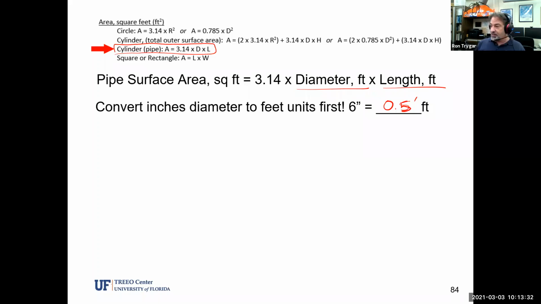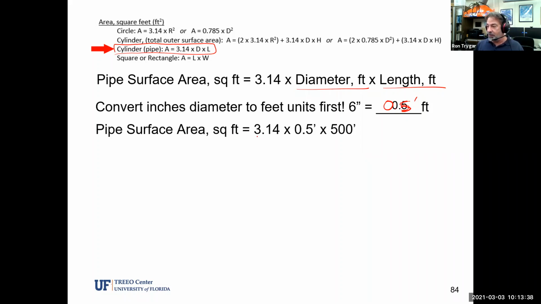Go to the next statement, and what do we have to do? We have to figure the pipe surface area in square feet. Follow the formula: 3.14 times the diameter times the length. Remember, 3.14 times the diameter is actually going to give us the distance around, which is known as circumference. So the circumference times the length is the surface area.